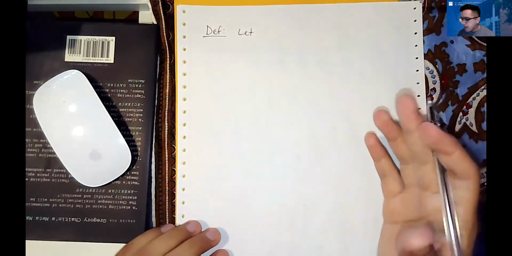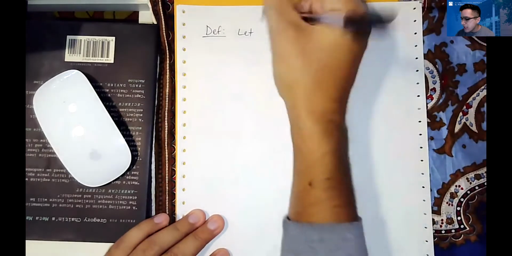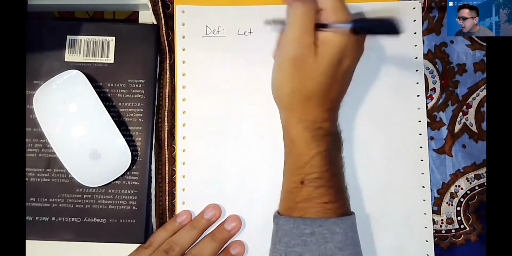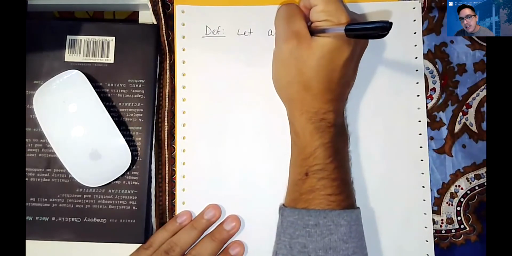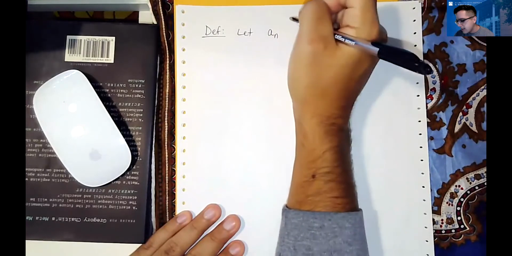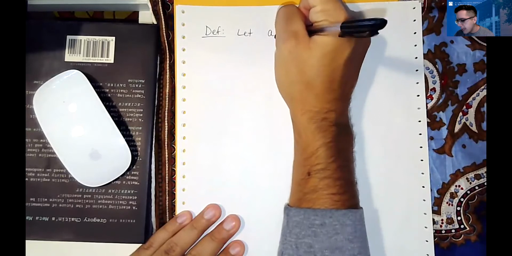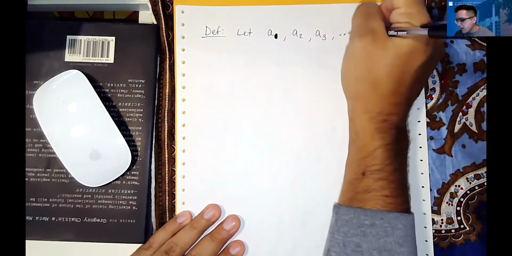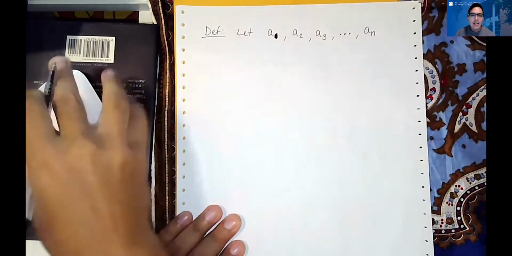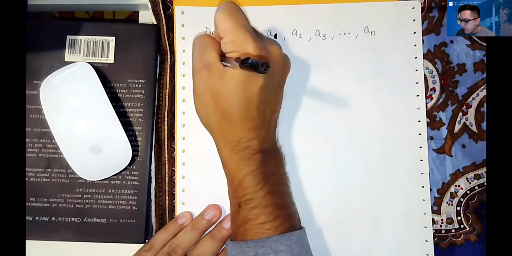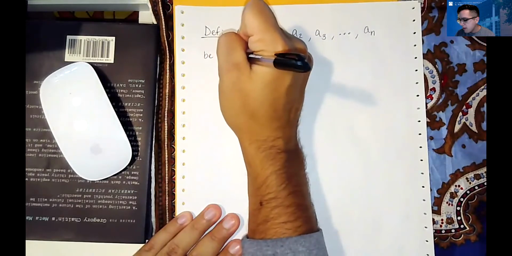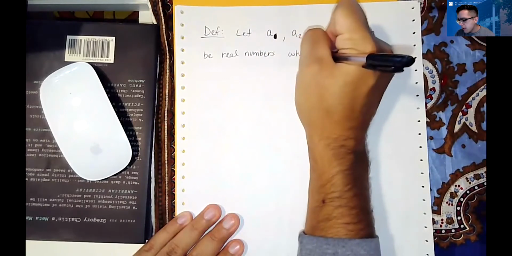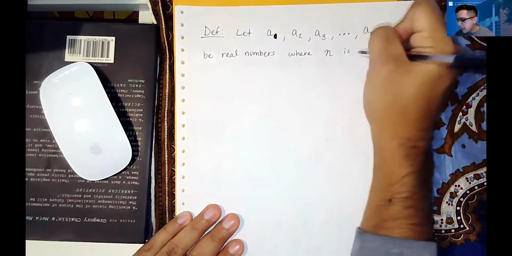So getting back to the matter, the definition that you'll see in the textbook about polynomials, and typically this is how mathematics definitions go, is: let a sub 1, a sub 2, a sub 3, and so on, all the way to a sub n, be real numbers where n is an integer.